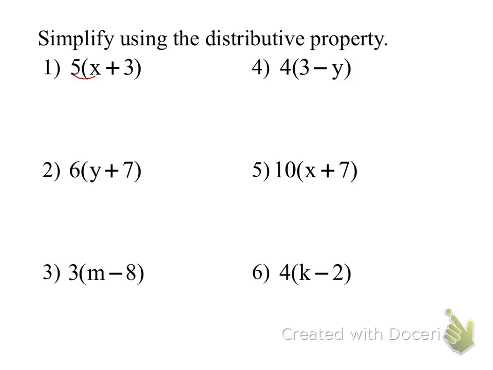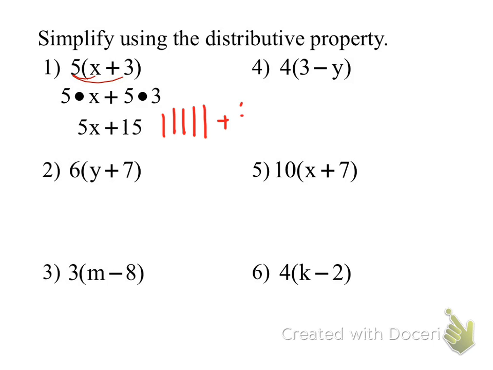5 times x is 5x, plus 5 times 3 is 15. And we end up with 5x plus 15. Now remember, don't add those together, because that means we have 1, 2, 3, 4, 5 plus 15 little buttons. 1, 2, 3, 4, 5, 1, 2, 3, 4, 5.